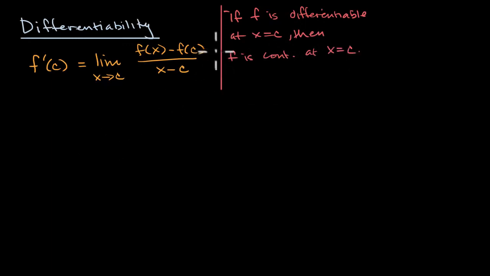So I'm saying if we know it's differentiable, if we can find this limit, if we can find this derivative at x equals c, then our function is also continuous at x equals c. It doesn't necessarily mean the other way around. And actually, we'll look at a case where it's not the case the other way around, that if you're continuous, then you're definitely differentiable. But another way to interpret what I just wrote down is, if you are not continuous, then you definitely will not be differentiable.